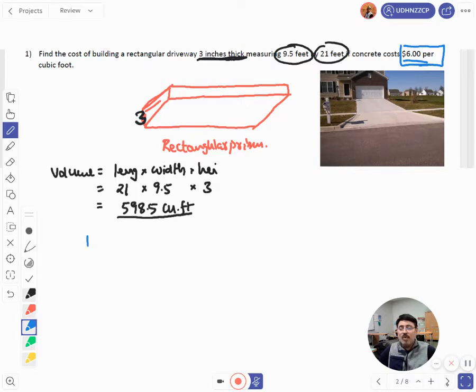So one cubic foot equals $6. And how many cubic feet did we just get? 598.5 cubic feet of volume we got. Then how much is this?